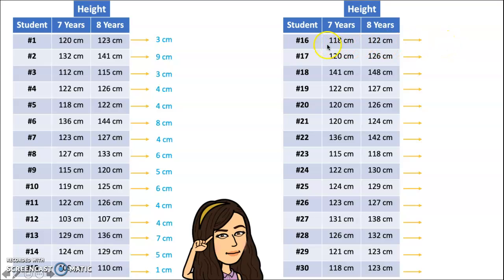So a hint, remember, if you are looking at student number 16, you can start at 118 centimeters and count up until you get to 122 centimeters and see how many jumps that was. How many centimeters taller are all of these students? Remember, please write it on a piece of paper because you are going to need this information for the next activity that we are going to do.